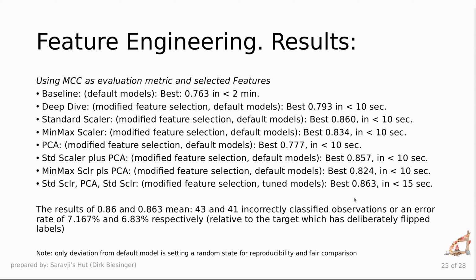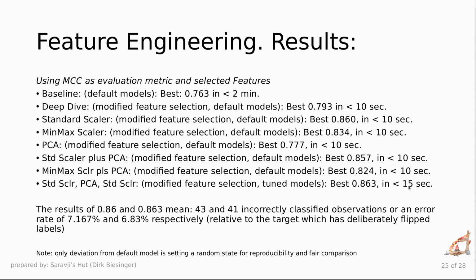The time that went into this last part was a lot of hours compared to the standard scaler, just to get this 0.003 improvement in the MCC score. The runtime itself is less than 15 seconds.